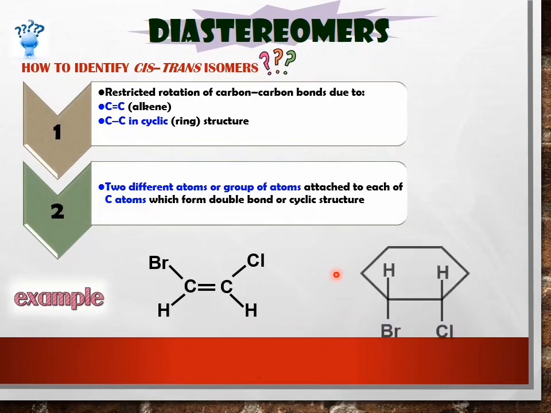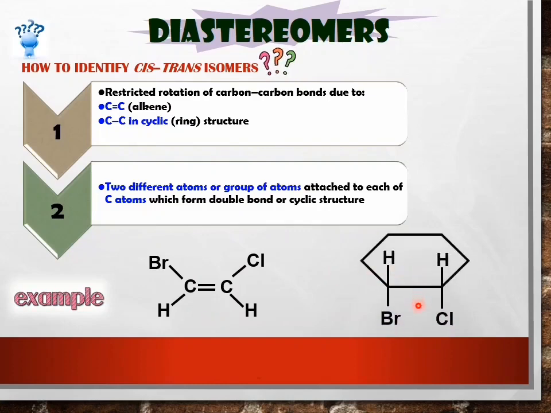So for another one, we have this compound, which is a cyclic structure. Why cyclic?